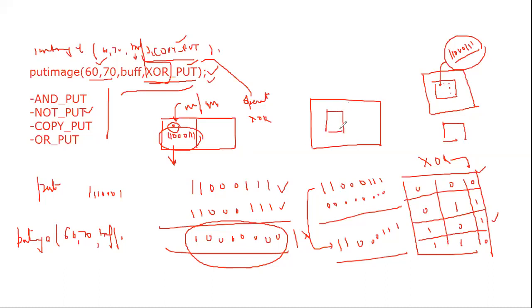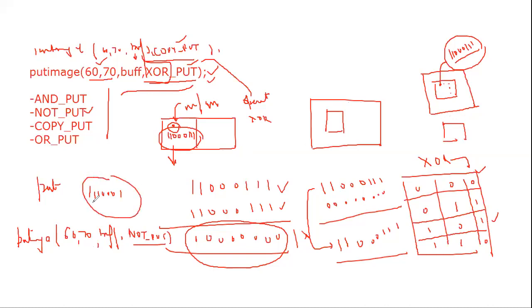So the buffer, then we are applying an operation that is NOT put. Let's see what the NOT put will do. The pixel value is this.